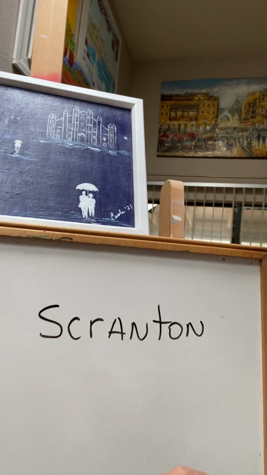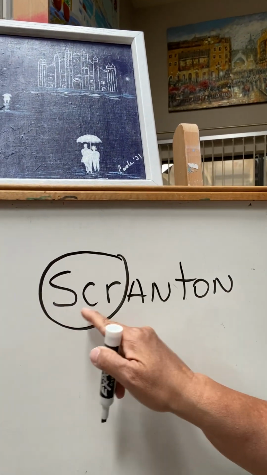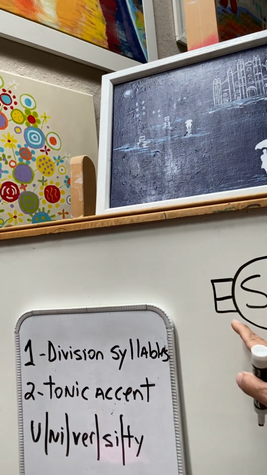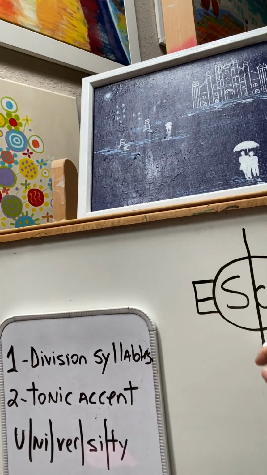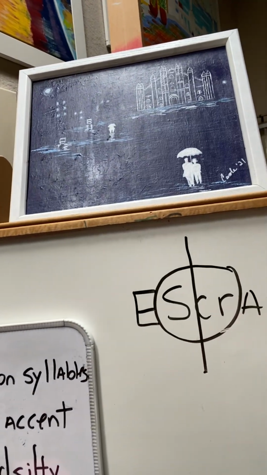So look at how bizarre this beginning right here is, SCR. It's such a weird thing that the only way that we can muster to say it would be for us to put an invisible E right there. And we will have to say it like this, es, and then gran ton.